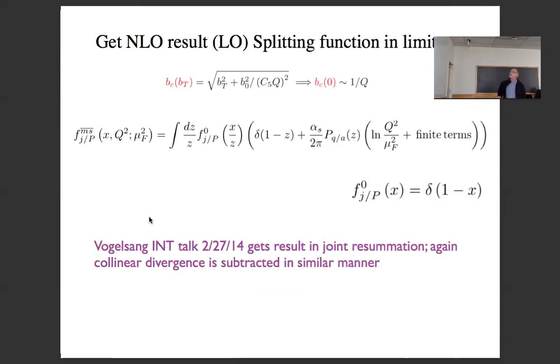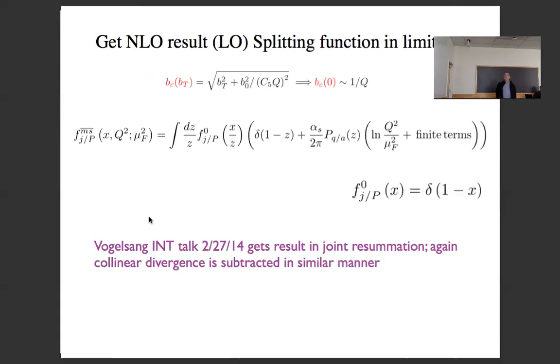So I'm not going to go through the details, but what we get is exactly the MS bar representation with the splitting function here times the log of q squared over mu f, without the 1 over epsilon because the 1 over epsilon is canceled in the coefficient function. So this 1 over epsilon is, quote unquote, when people say they absorb it into the bare PDF, which is problematic. We essentially get that result plus finite terms depending on what scheme you use.